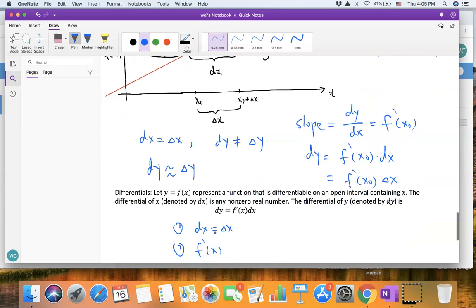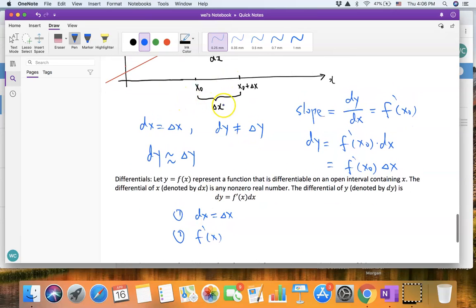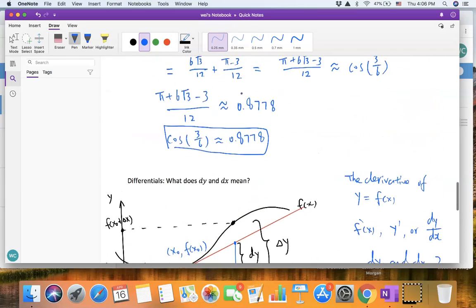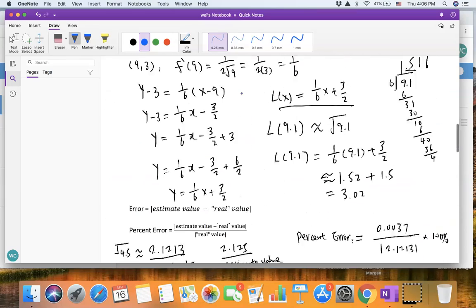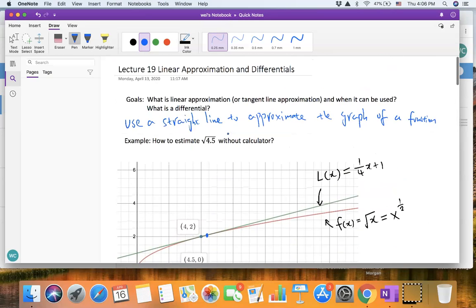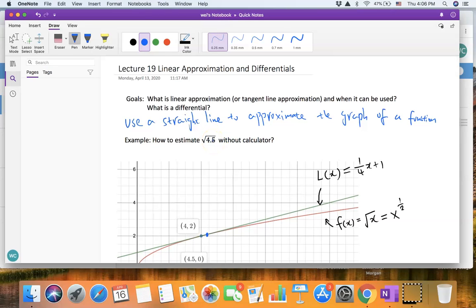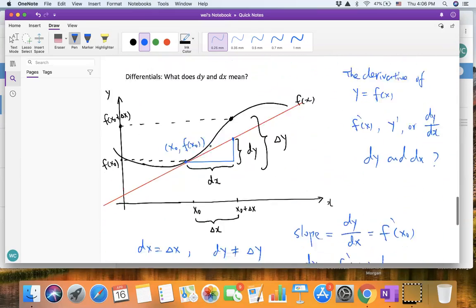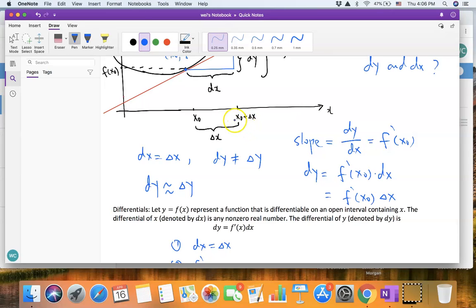Okay. So how do we use this? In the previous example, we have seen, for example, if I want to estimate the function value at some difficult number, like I want to estimate the function value at x equals 4.5, then 4.5 would be x0 plus delta x. Then I want to find an easy point.